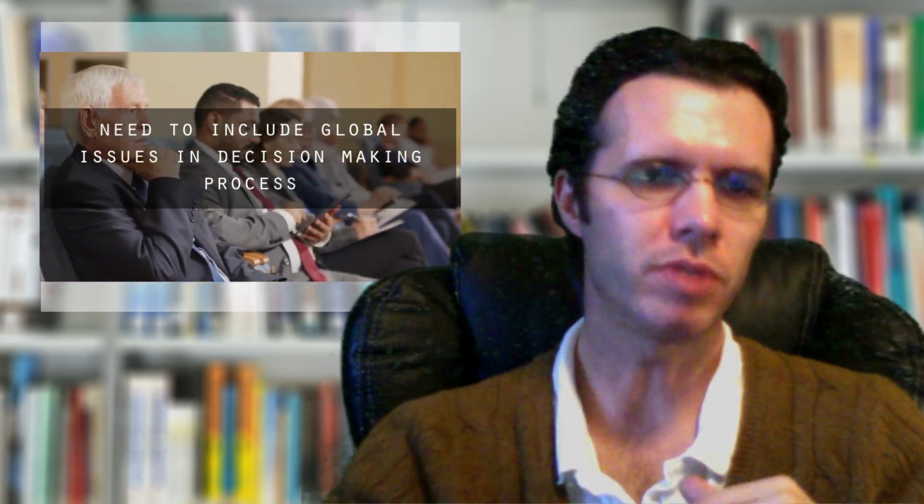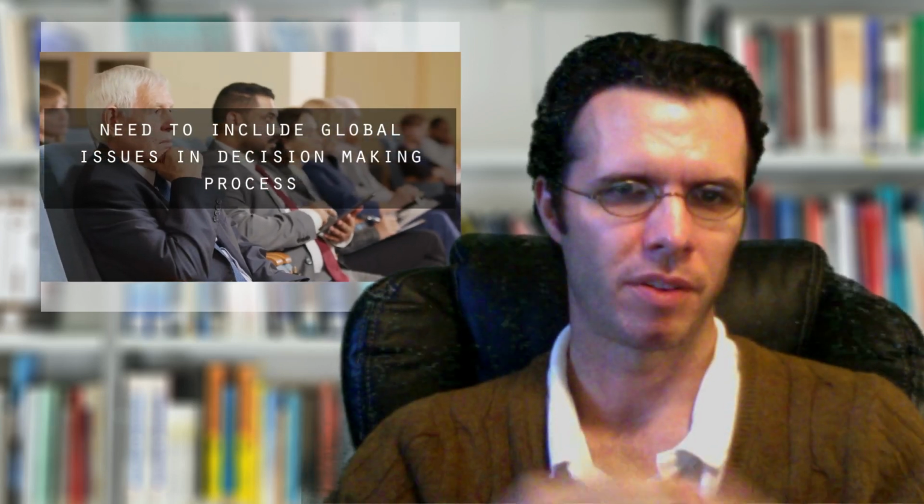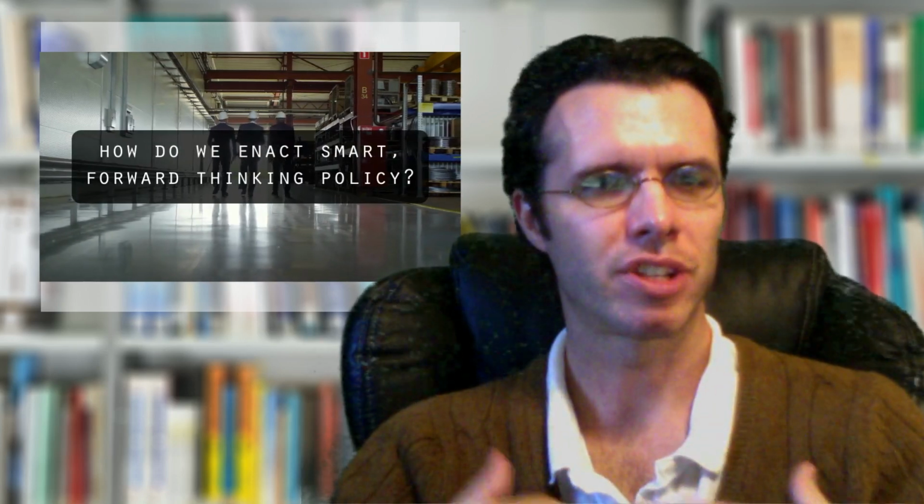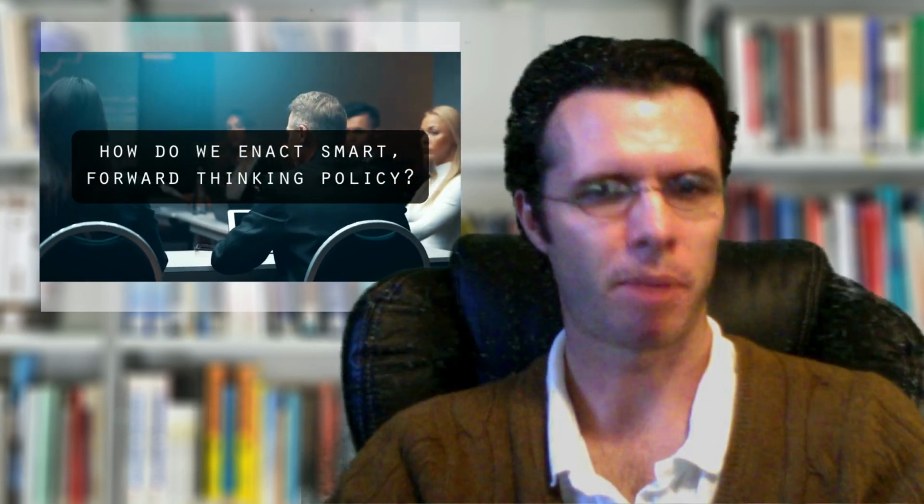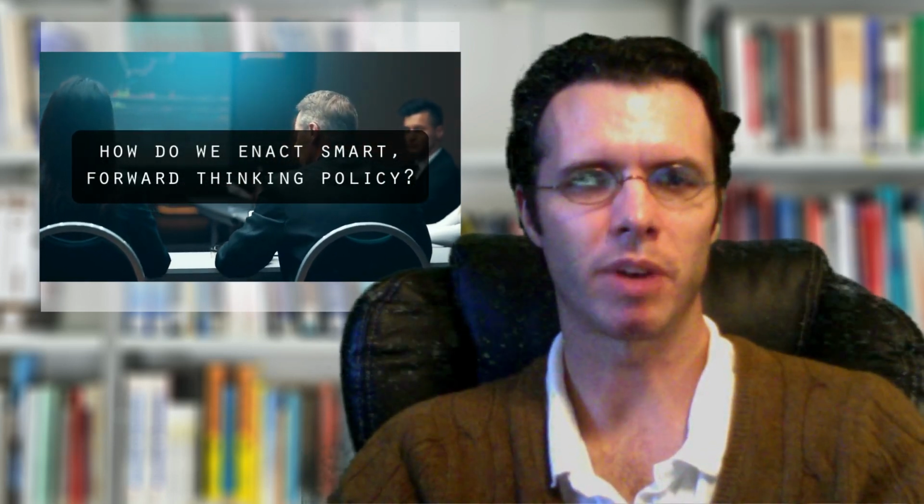So how do we do this? With the importance of having that coherent global policy covering many areas, including security, economic prospects, environmental aspects, the question remains, how do we enact smart, forward-thinking policies that will help us effectuate our goals?